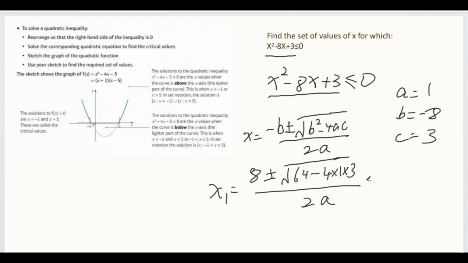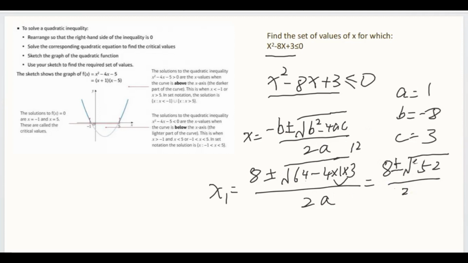It will be 8 plus or minus the square root of 52, since 64 minus 12 is 52, over 2 times a, which is 2.